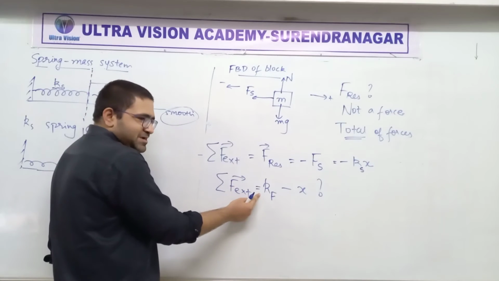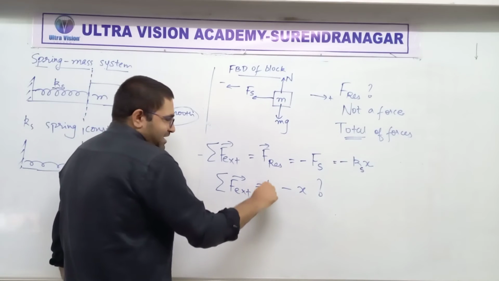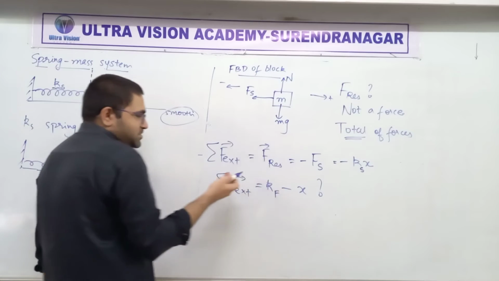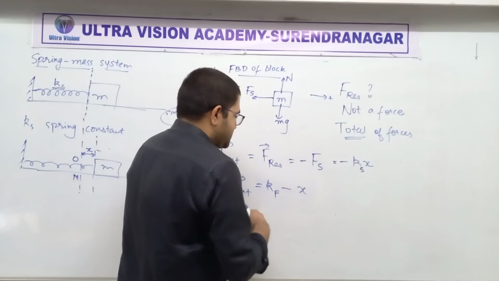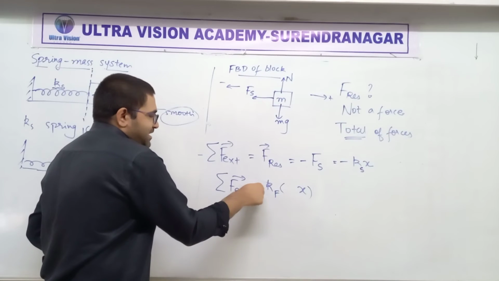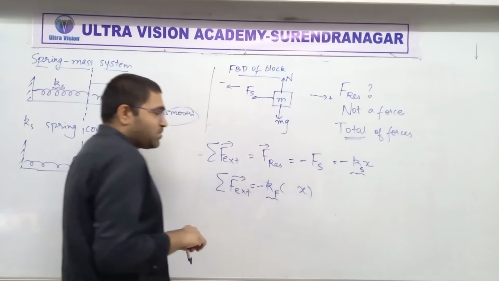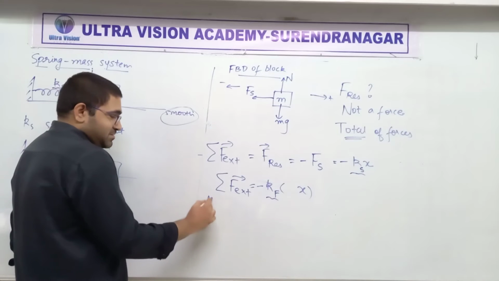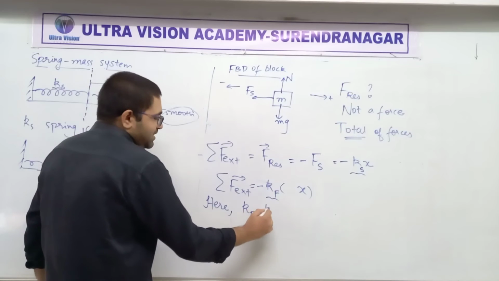When you have proportionality for SHM and then you remove that proportionality and you write K, what is this K called? It's called force constant. Do you remember that? Not spring constant, force constant. But we are seeing that these equations are same except for one thing. What's that one thing? Here you have Ks into x and here you have Kf into x. What does that mean? By comparison, we should have Kf equal to Ks.